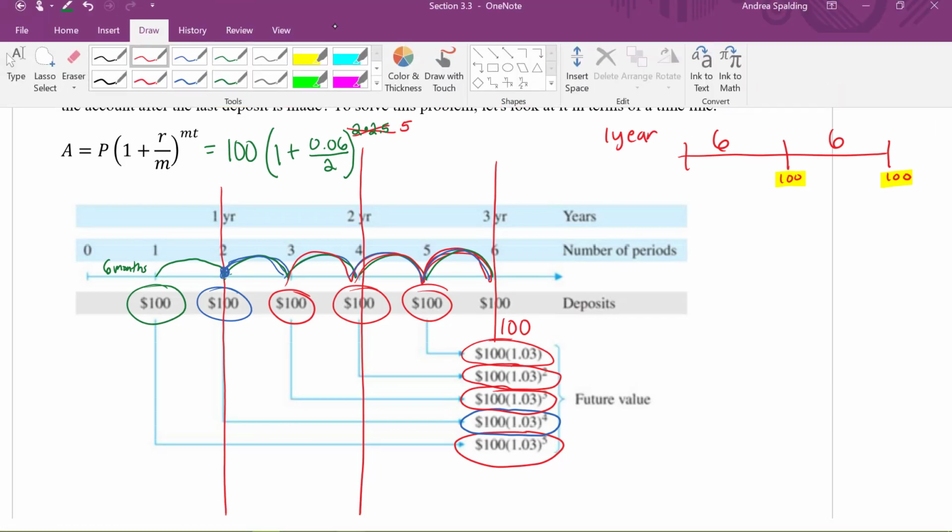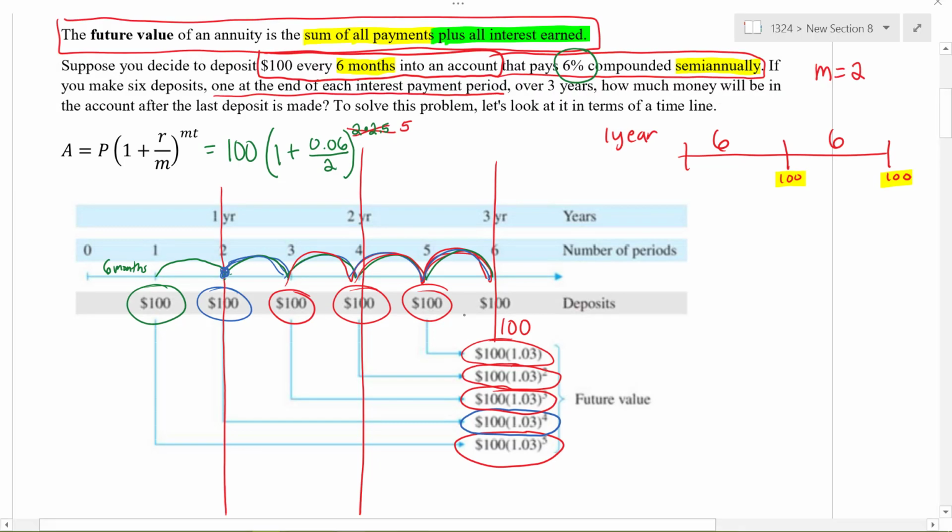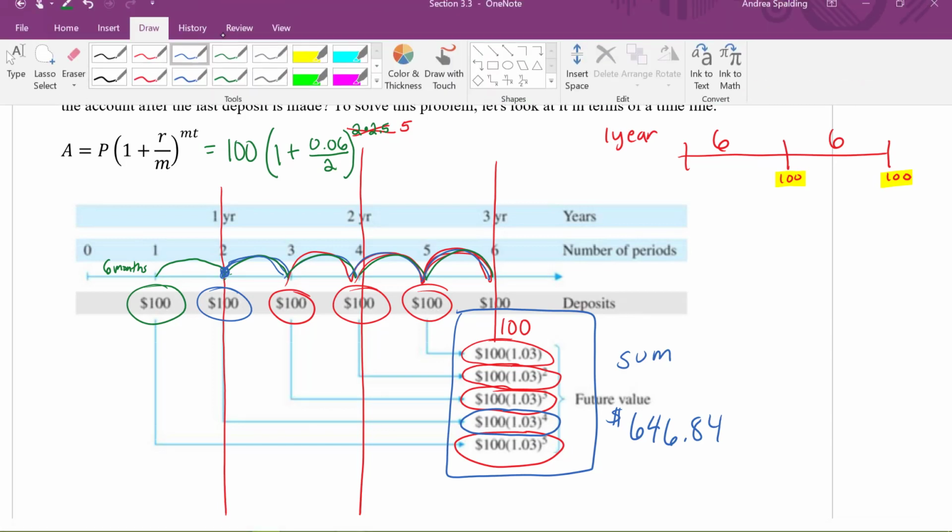If you wanted to find the future value of this account, you would take all of those future values and add them all up together. When you do all of those individual calculations in your calculator and add them up, you get about $646.84. So that would be the future value of that annuity.